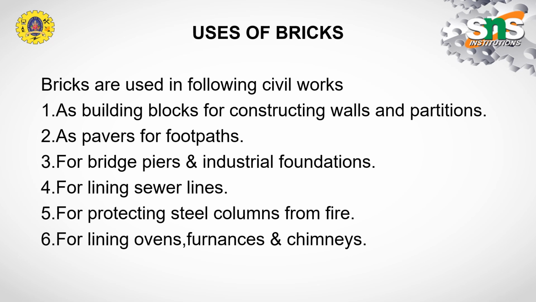So it will withstand high temperature, so it is used for protecting steel columns from fire. And because of this property, it is also used in lining ovens, furnaces and chimneys.